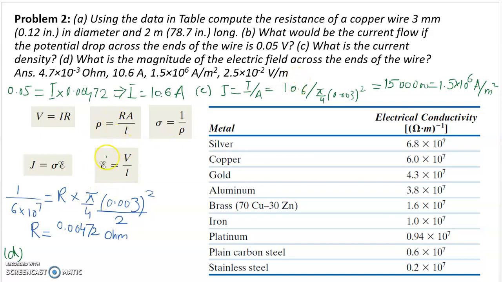So this value can be found like this: epsilon is equal to voltage, 0.05, divided by the length of the wire, 2 meter.